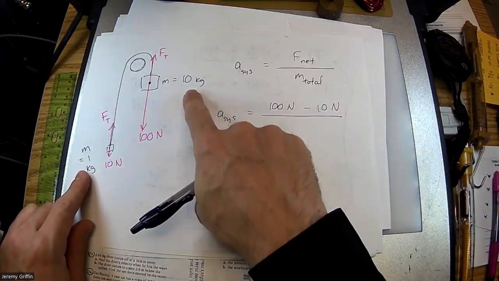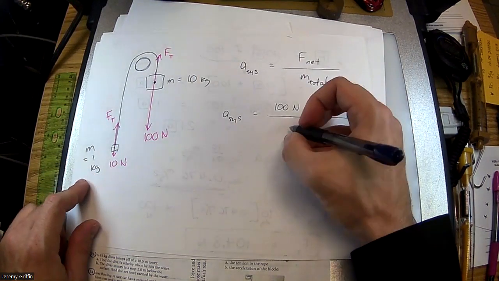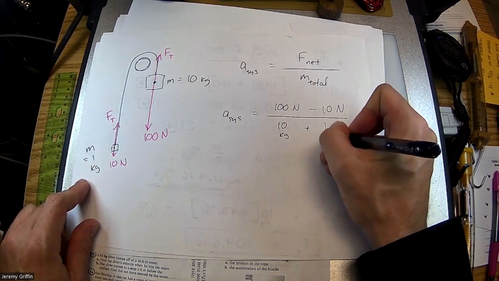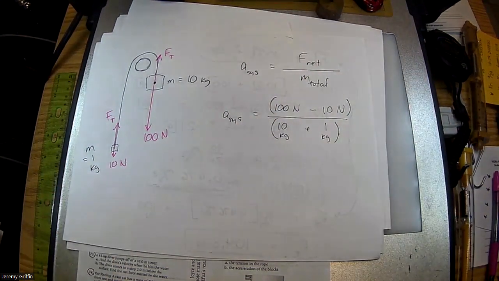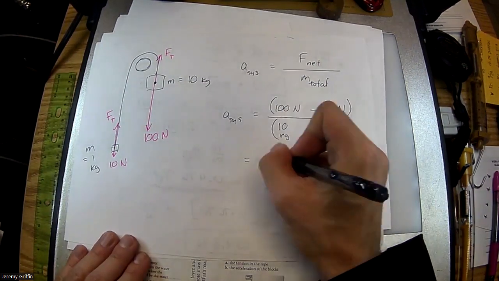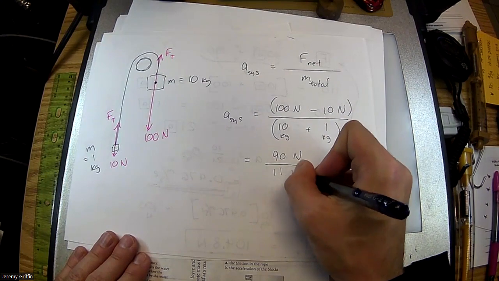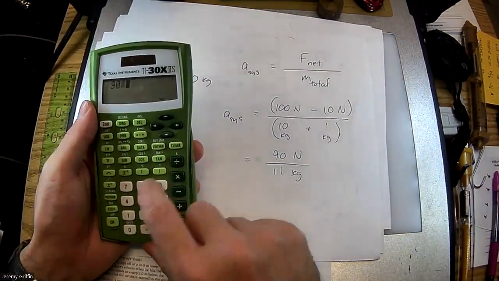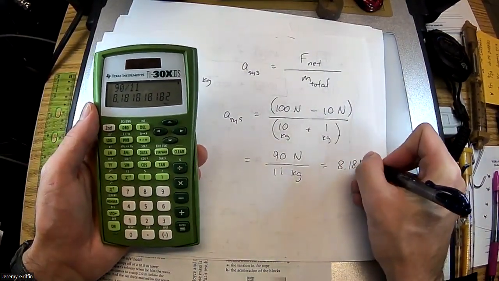And what's the total mass? 11 kilograms, right? 10 plus 1, because they're both being moved by that net external force. So that's 90 newtons net external force acting on 11 kilograms total mass. Let's see, what is that? That's 8.18 meters per second squared.